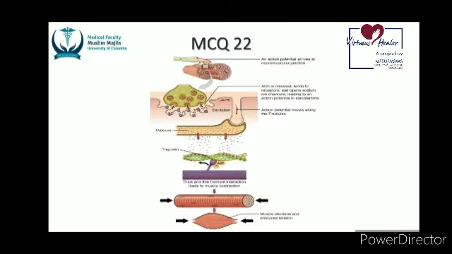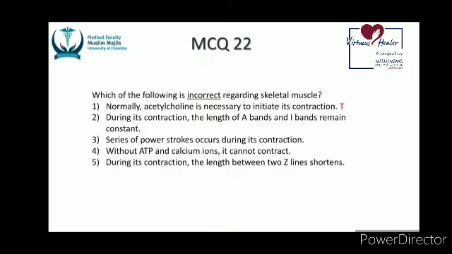Now in this diagram you can see that when an action potential arrives at the neuromuscular junction, acetylcholine is going to be released at the neuromuscular junction, and then this acetylcholine will act on its receptors present on the muscle plate in order for the action potential to be generated in the skeletal muscle and to stimulate the skeletal muscle contraction. So binding of acetylcholine to the muscle plate at the neuromuscular junction is essential to initiate the contraction of the skeletal muscle.